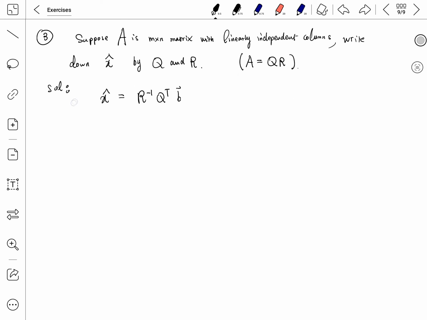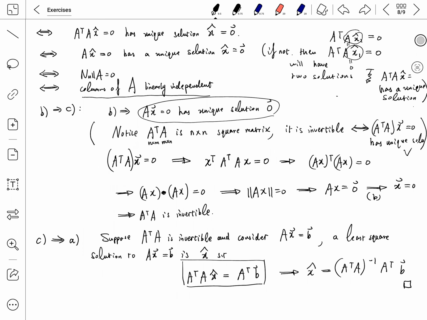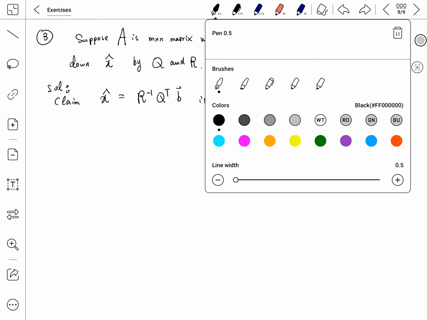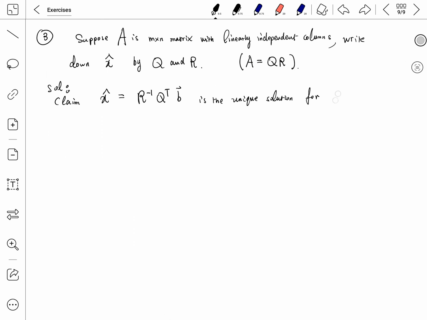So we claim this is the unique solution for A X hat equals B hat. This is the equivalent description of the least square problem, but because this is kind of difficult to solve, we introduce that normal equation, right?